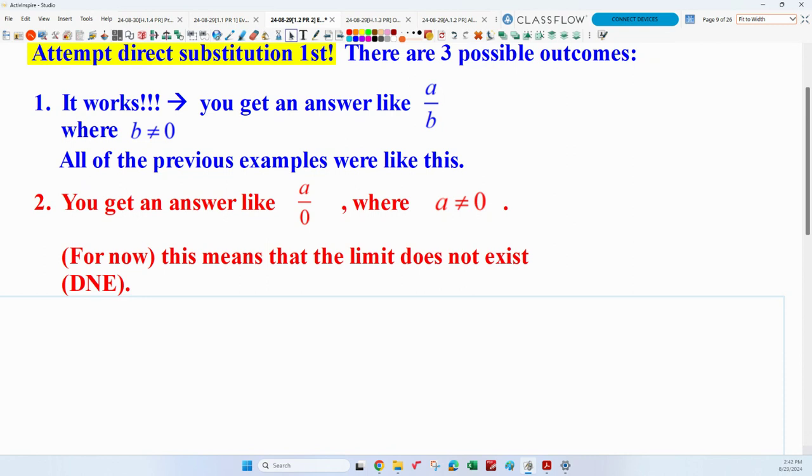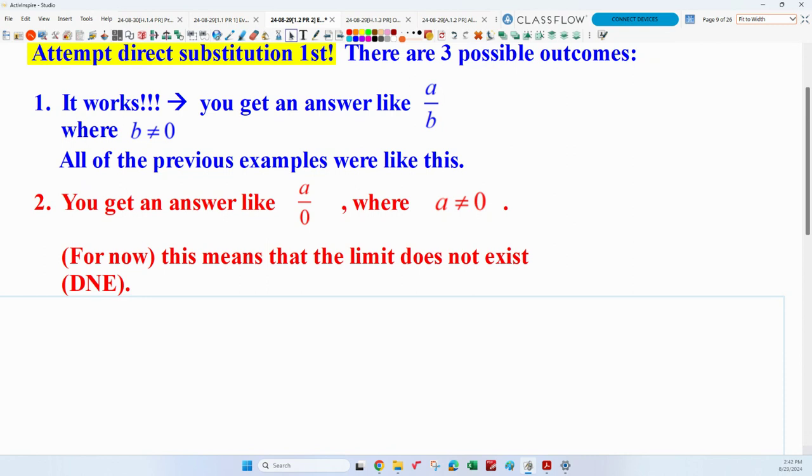Well, for now, we just say it doesn't exist. We can say a little bit more than that in the future. We even did say a little bit more. We said we could say it's infinity. It doesn't exist, but we had a case where the limit was infinity because the function from the left and the right both climbed to infinity. Those are really no big deal. We're done. We know it doesn't exist, and maybe we get consistent behavior, and so we can throw an infinity in our answer, but we're done with the problem.